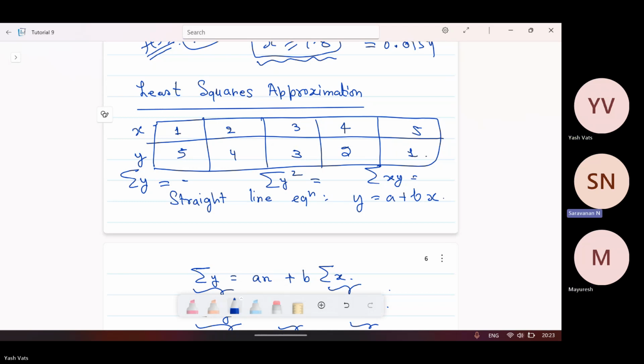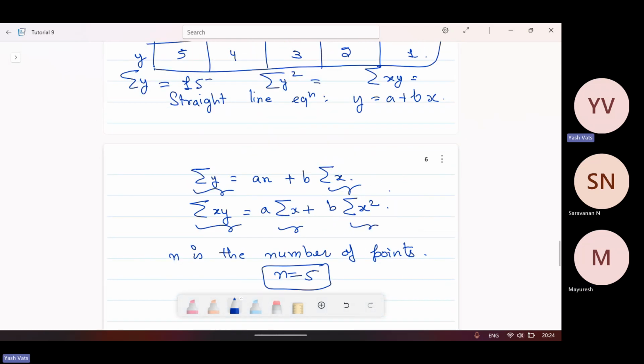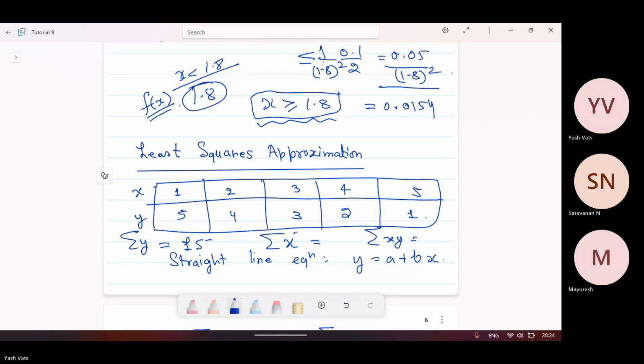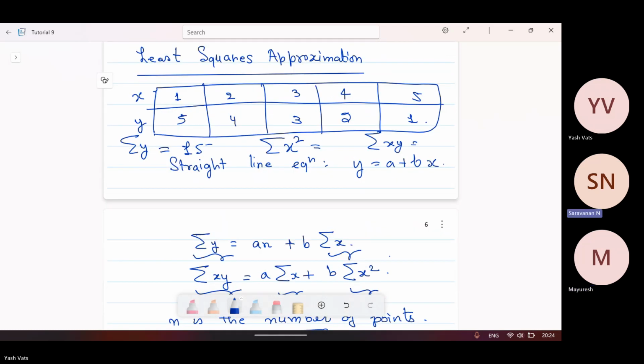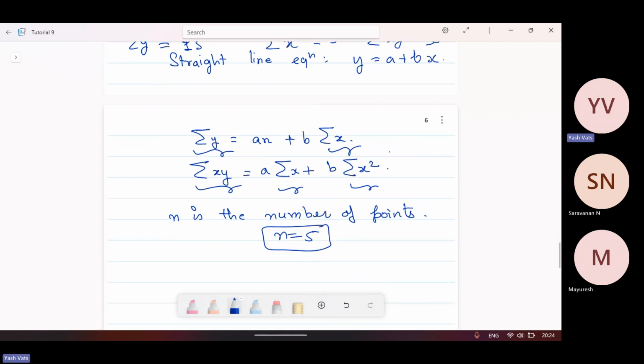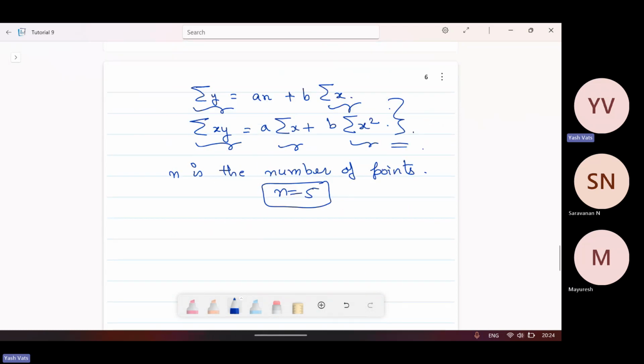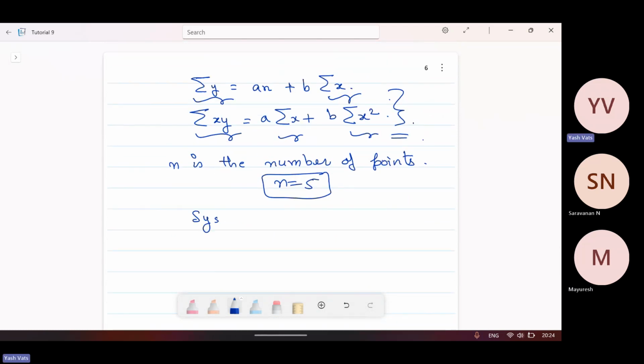What is summation x square? Summation x square is 55, and summation xy is 35. So you can substitute these values here and then solve the system of two equations.